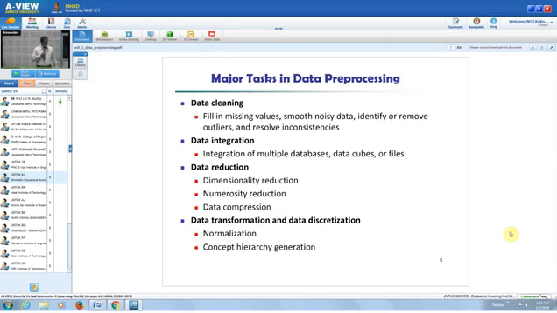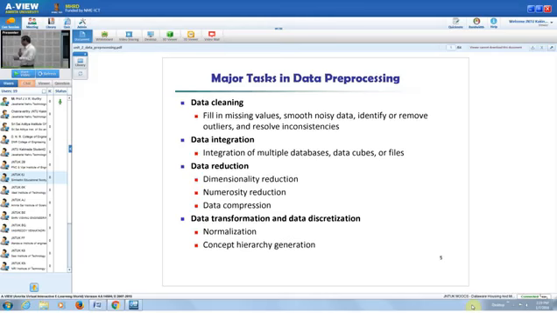That is nothing but dimensionality reduction. In numerosity reduction and data compression, you reduce the number of tuples. Sometimes you go to a higher level of the hierarchy, you generalize the tuples, or you go to a higher level of concept and replace the values with that, and the tuples can be reduced. Different techniques we will come across.